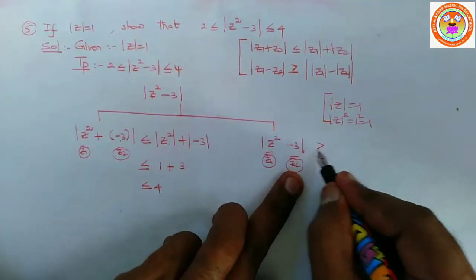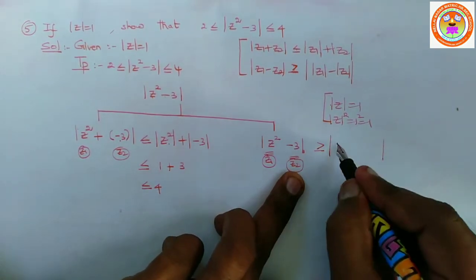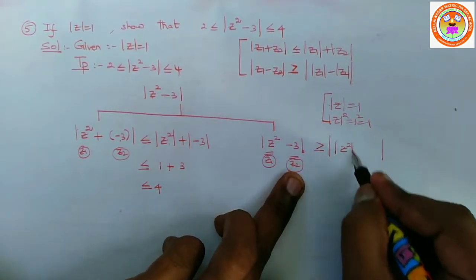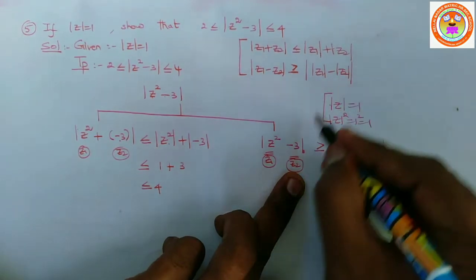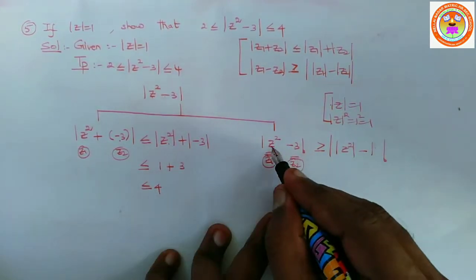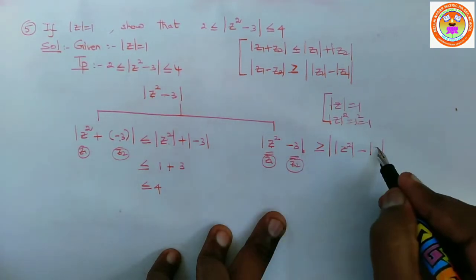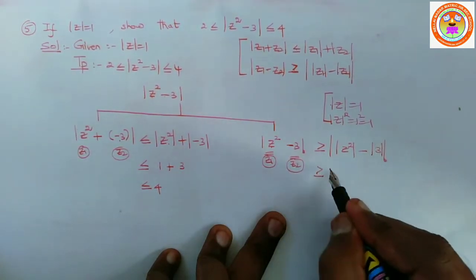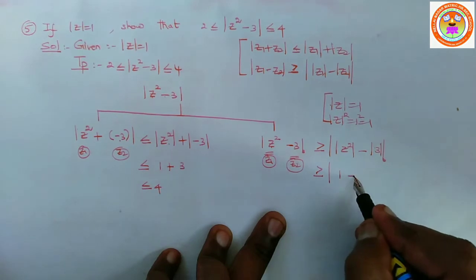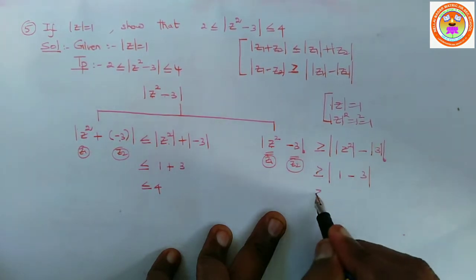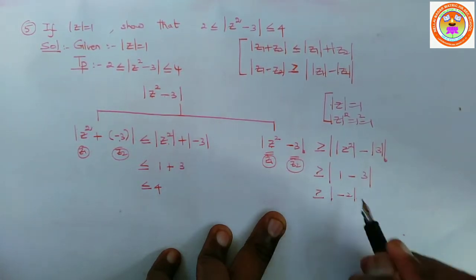This one is greater or equal to whole modulus. This is modulus of z square minus modulus of z2, nothing but z square minus minus, so minus minus 3. So greater or equal to modulus z square, which is 1, minus 3, equal to 1 minus 3 is minus 2.